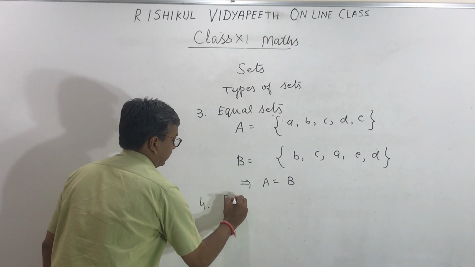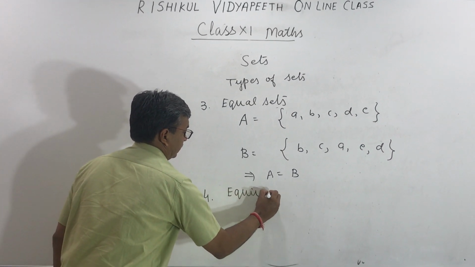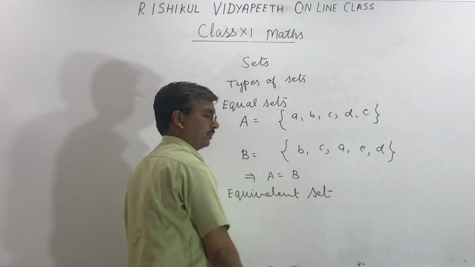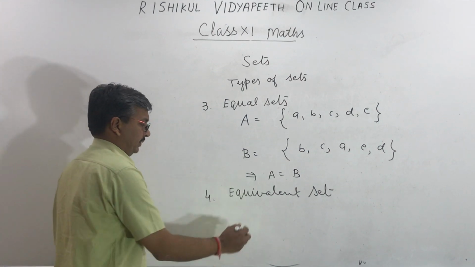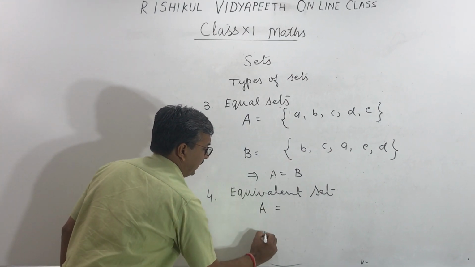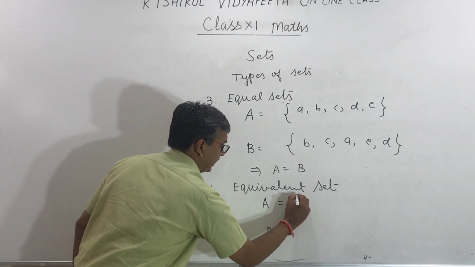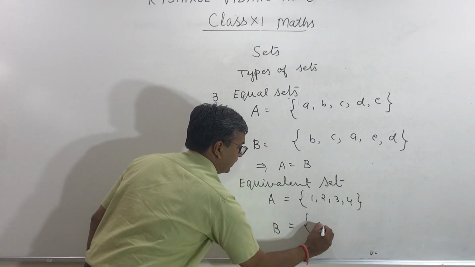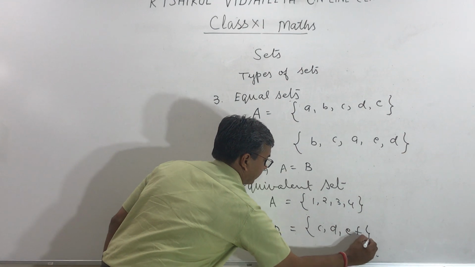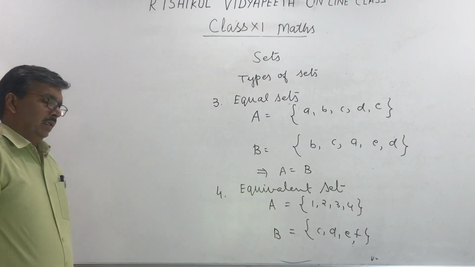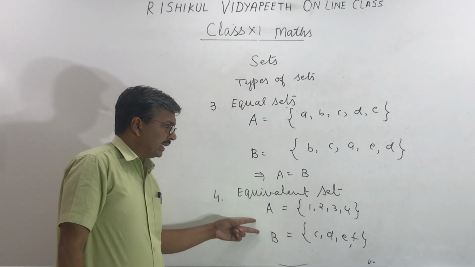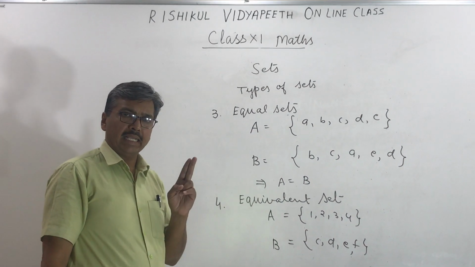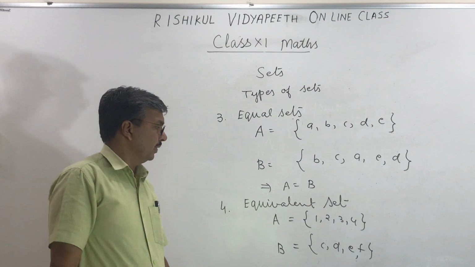Equivalent sets. Two sets A and B. Let set A be {1, 2, 3, 4} and B be {C, D, E, F}. A and B are said to be equivalent sets if they have the same number of elements.